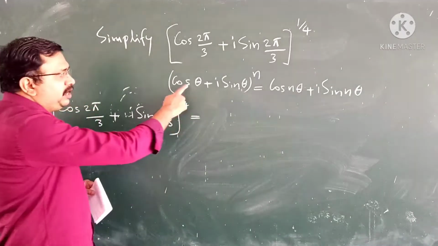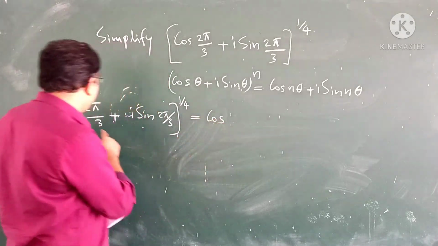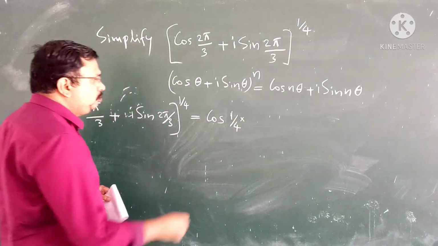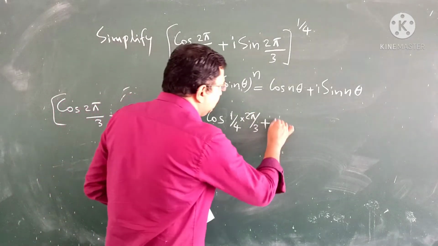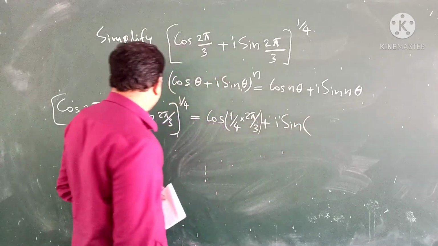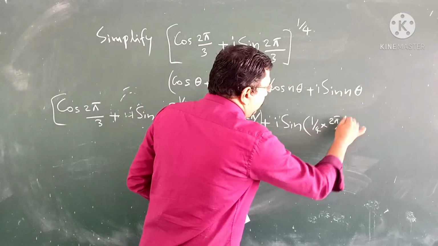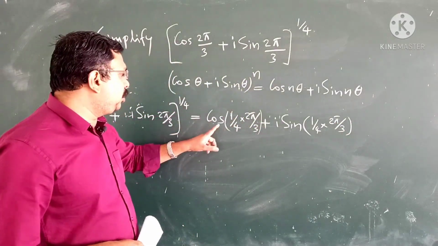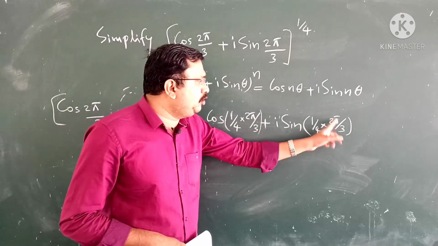De Moivre's law applies here, so it becomes cos of 1 by 4 into 2 pi by 3 plus i sin of 1 by 4 into 2 pi by 3.